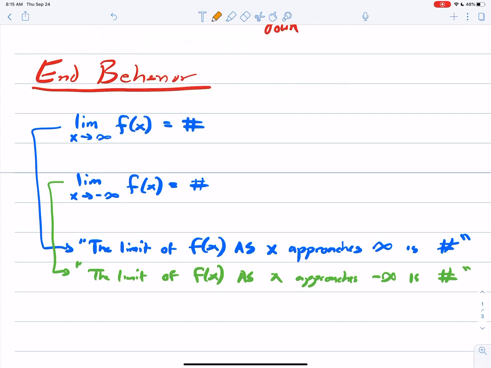Basically it's this: what's the y value when x goes in that direction?